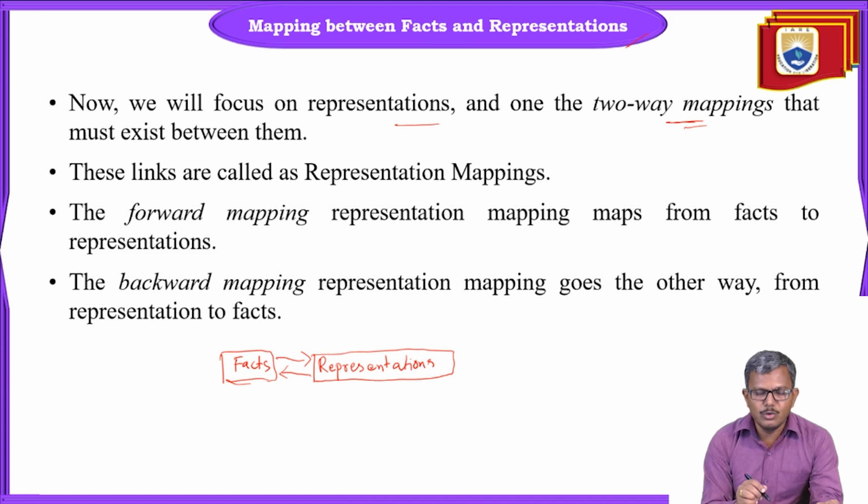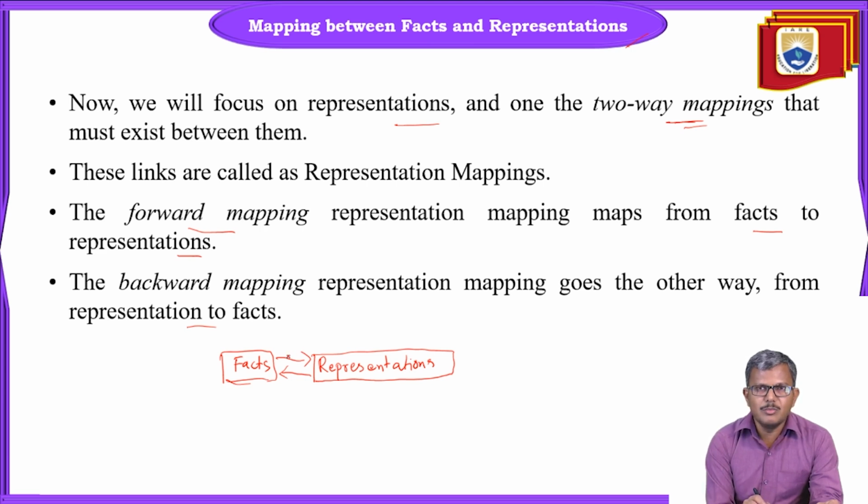Whenever you are visualizing the mapping from facts to representations, we can say such a mapping is a forward mapping. At the same time, if you are doing it in the reverse way, mapping from the representations to the facts, then it is a backward mapping.